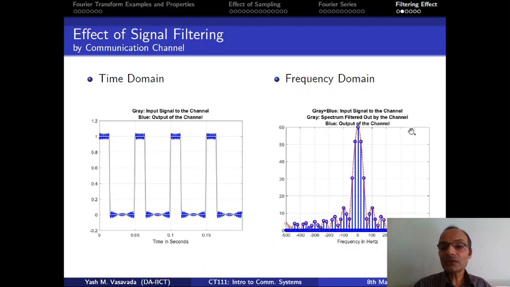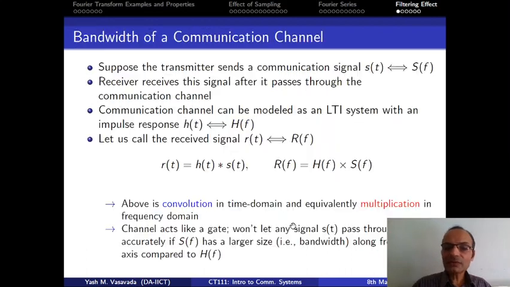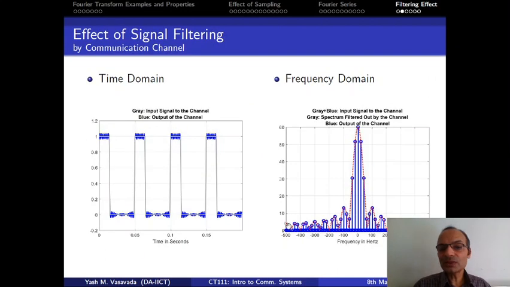The width of H of f goes from minus 450 to plus 450. So you can see that it will let almost all of the signal pass through. You might see some shaded out portion at the very end. The communication channel, this H of f, is not letting those parts go through, and so they get blanked out.